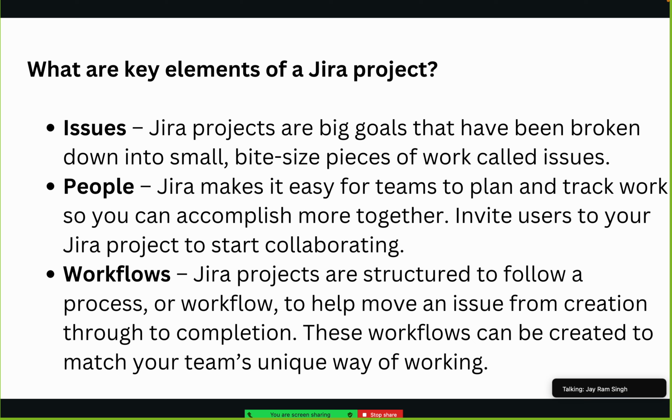Issues are small bite-sized pieces of work; then people or team who are going to accomplish those tasks together; and third, workflows, how this task moves, like right now it's to do, then in progress, then QA, then done. So these are the key elements of a project.